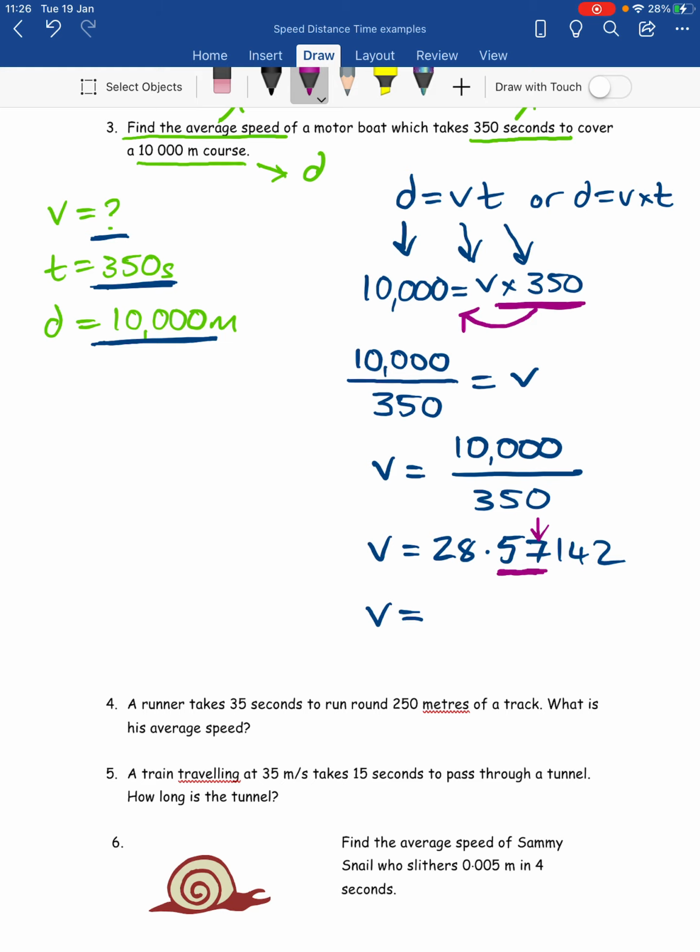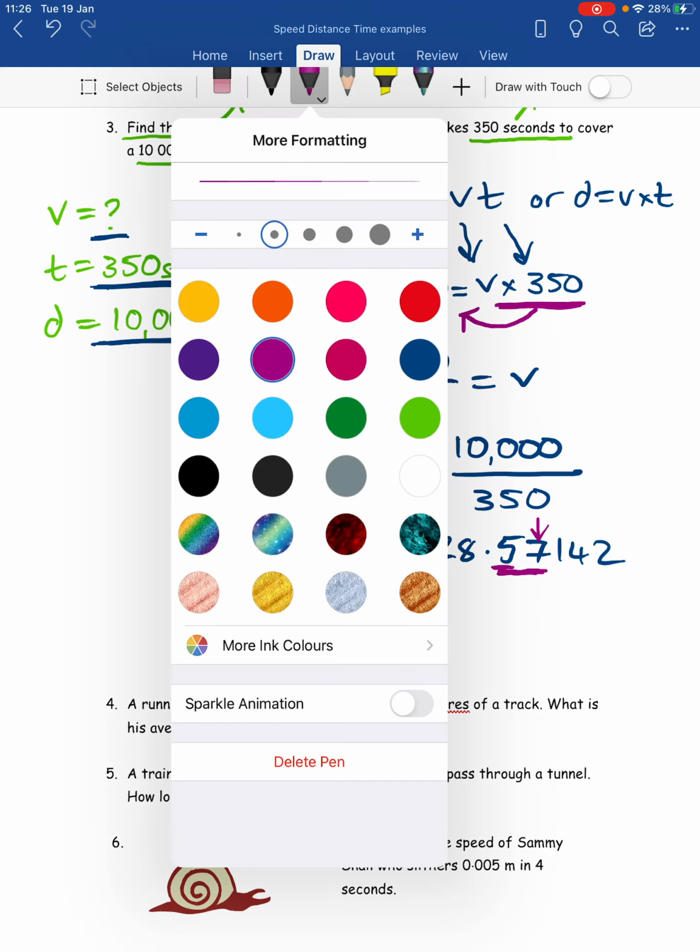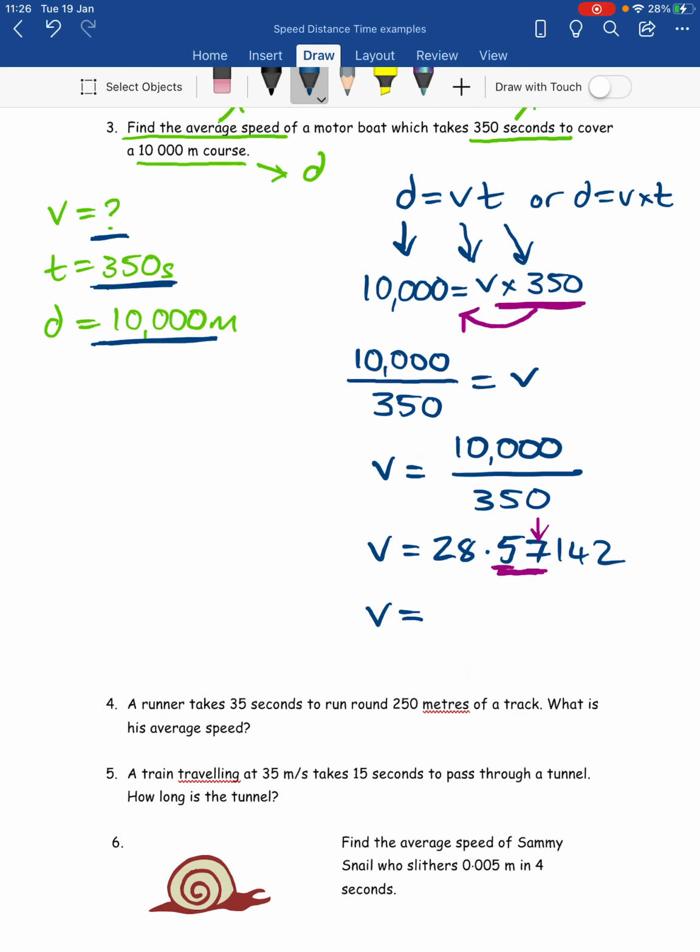That means this number here, the 5, is going to be rounded up. So instead of 28.57142, I'm going to round that up to give me a final answer of 28.6 metres per second. And that's my final answer.